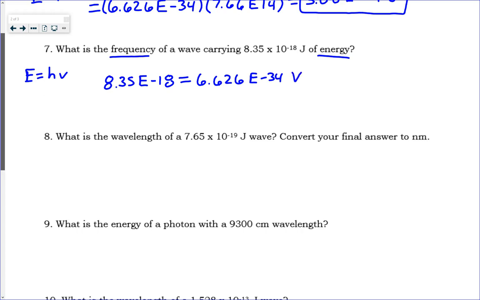All right, to solve for nu then, we're going to say 8.35 times 10 to the negative 18th, divided by 6.626 e negative 34, equals nu. And if you calculate that, then what you end up with is 1.26 times 10 to the 16th hertz.